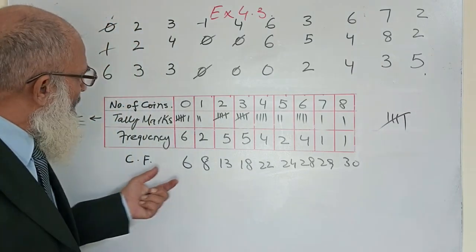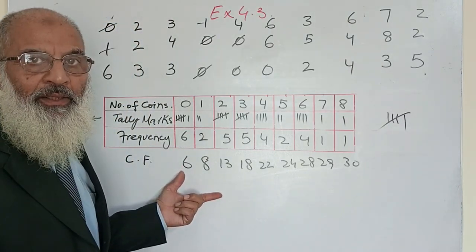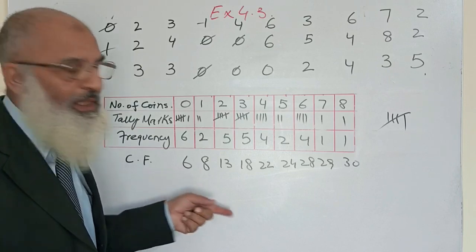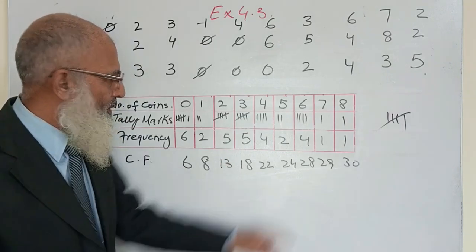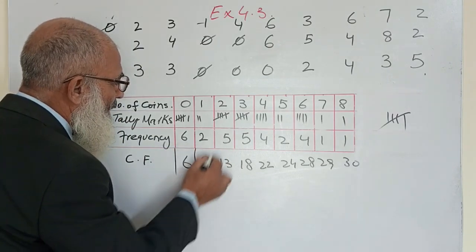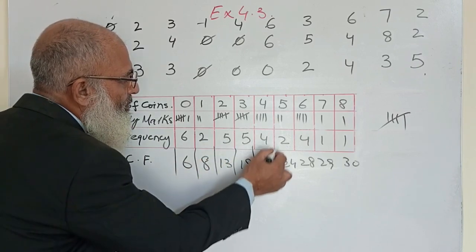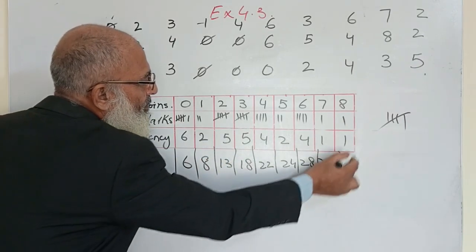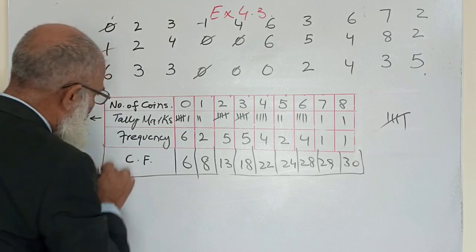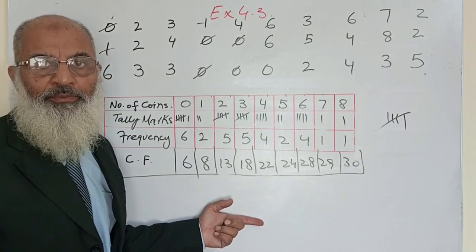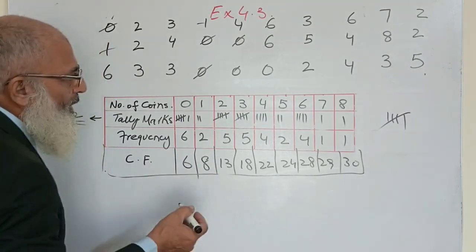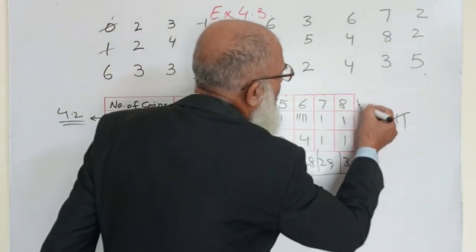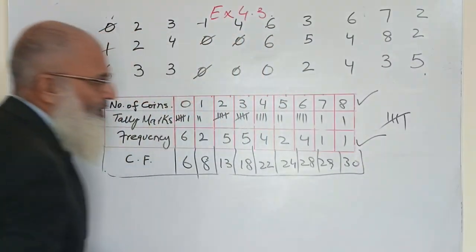And you can find the cumulative frequency at any instant now. Yes, you can do it like this. Now this is the extended table. But only two things are asked in your question, that is number 1 and number 3.